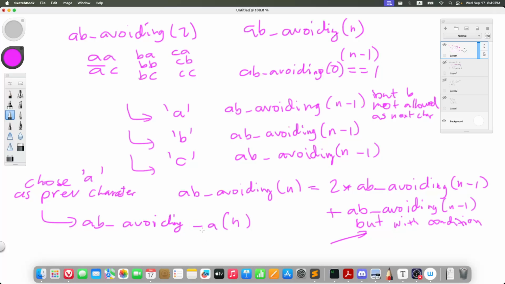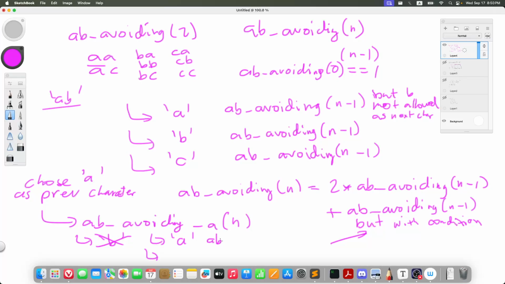So for this one, what are our choices to avoid having a substring AB? We cannot choose B as the first character because that would produce a substring AB. So we only have two choices. If we choose A, then we still have that problem of not being able to use B in the next character.